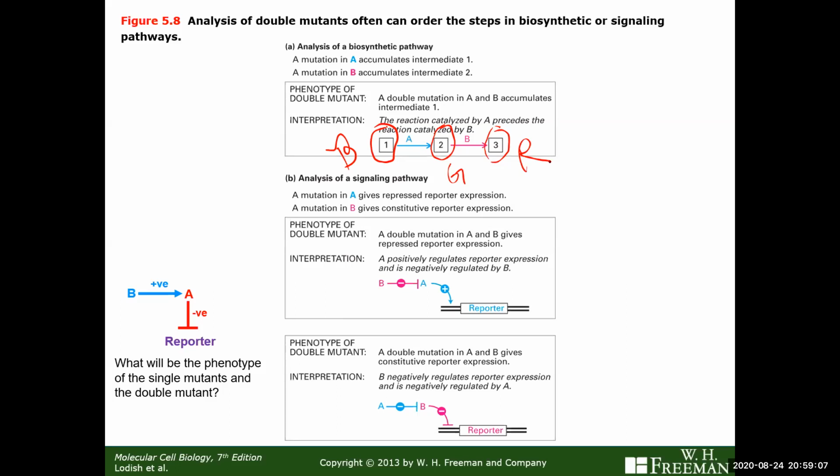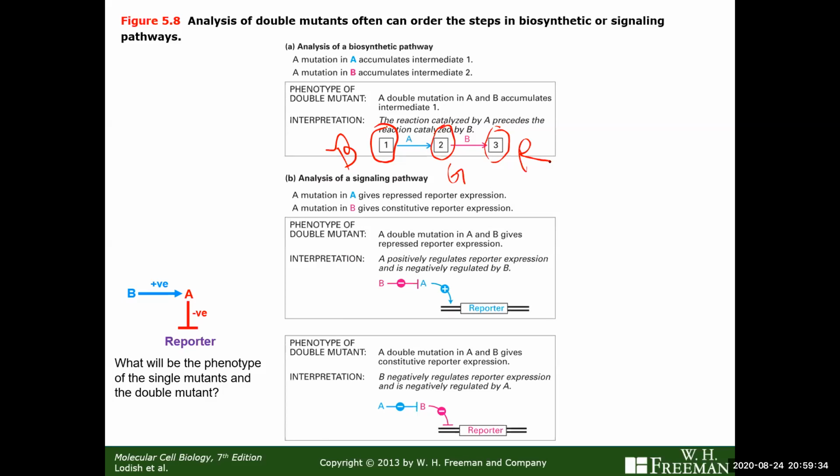Now, if either A is mutated or B is mutated, R, the red colored product, will not be formed. There is no question about it. However, you look at it, if A is mutated, then the substrate itself will not be consumed. So the blue colored substrate, substrate 1, will be accumulating in the A mutation.